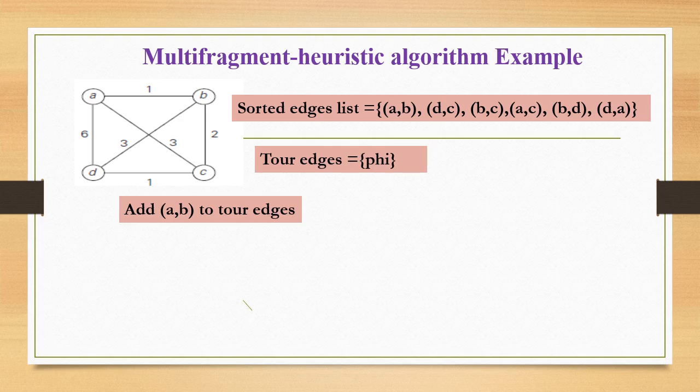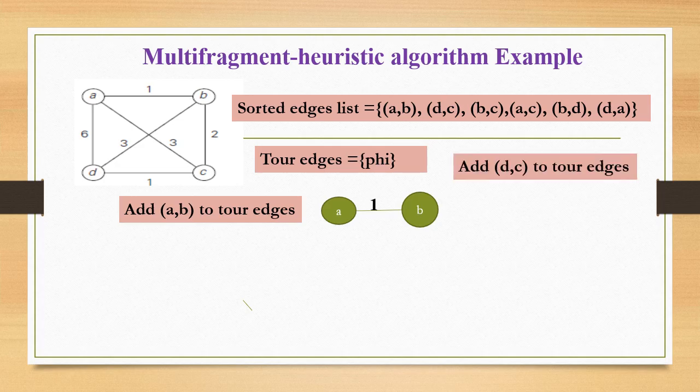Initially I don't have any edges. So I start by adding the shortest edge first. First I am adding the A to B edge as the first edge. Then I am checking the degree: A is 1 and B also 1. Then I look at DC. If DC is added to my tour edges, what graph will I get?